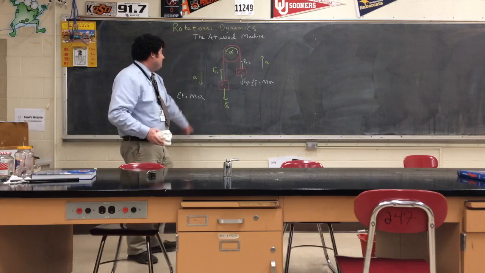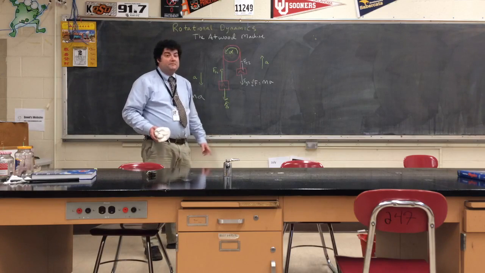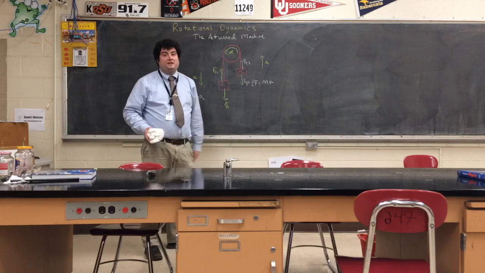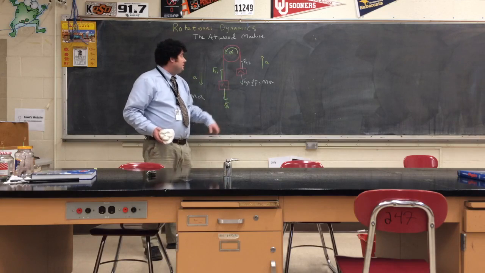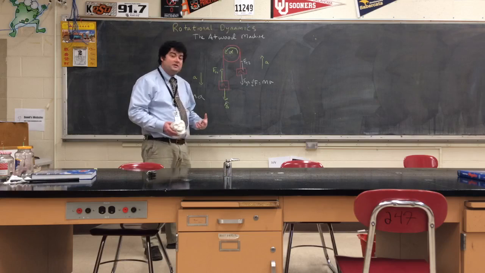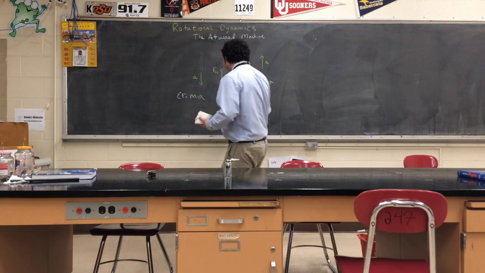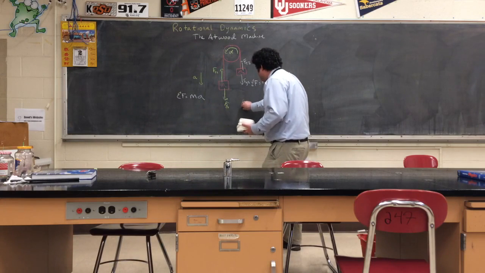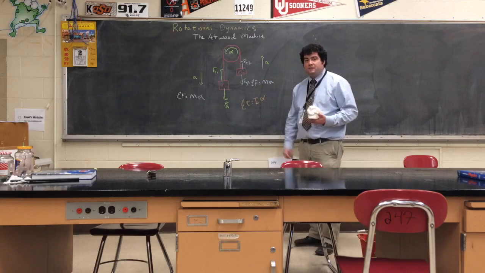And before, FT1 and FT2 would have been equal. We could cancel things out. That's not going to be the case now, because the pulley, its resisting motion, is going to make these two forces unequal. So it's almost like we have more unknowns. But we also have one more equation. And the new equation would be sigma tau equals I alpha.